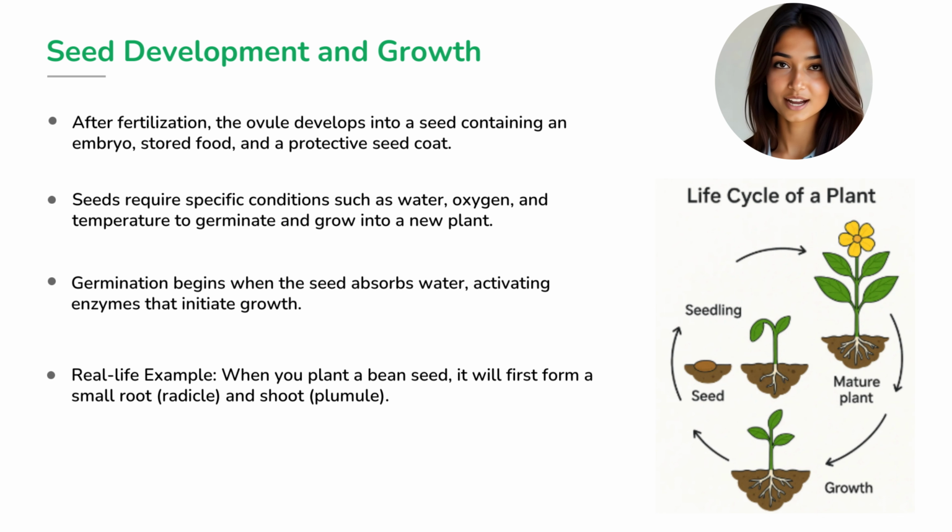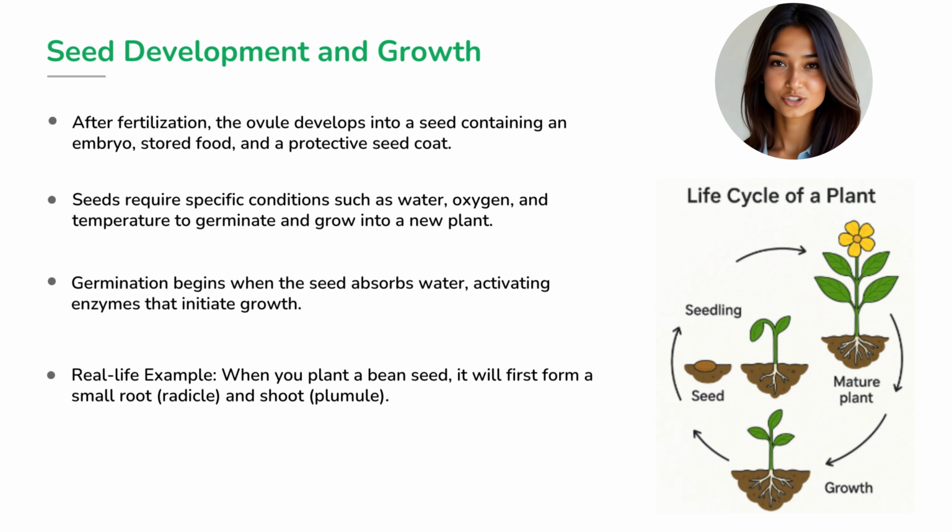After fertilization, the ovule develops into a seed containing the plant's embryo, stored food, and a protective seed coat. Seeds are like nature's little survival kits, waiting for the right conditions to begin their journey.